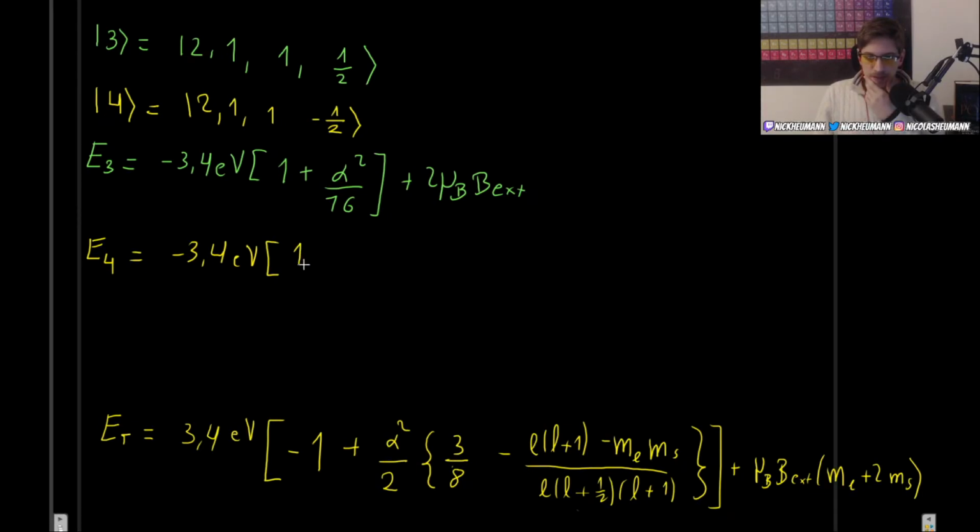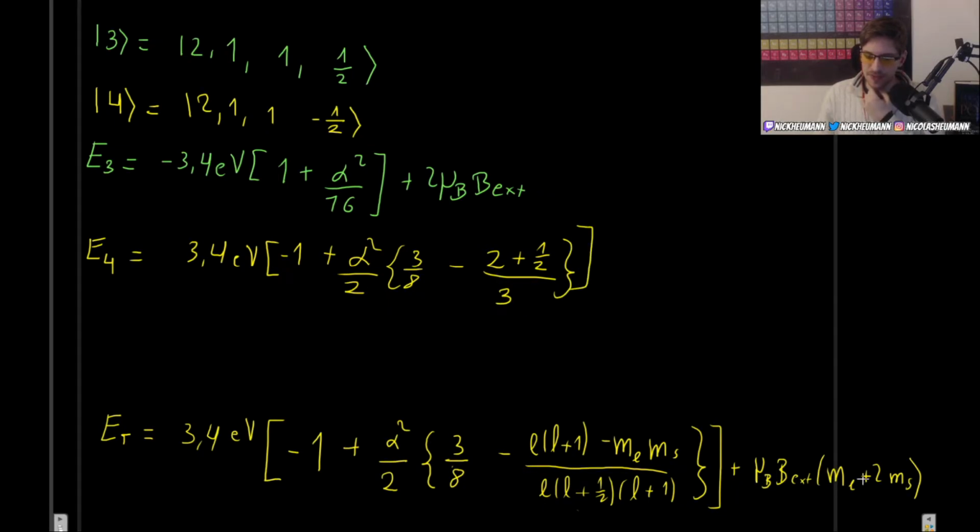So we get 3.4 minus 1 plus alpha squared over 2, 3 over 8. All right, and then we get minus 2. Then we have minus 1 times minus 1/2. So we get actually plus 1/2 divided by 3. So this part didn't change.